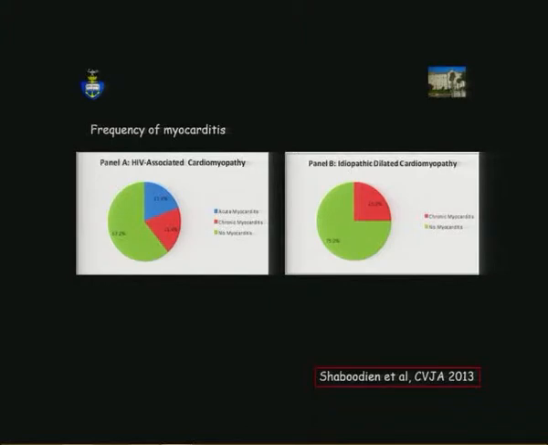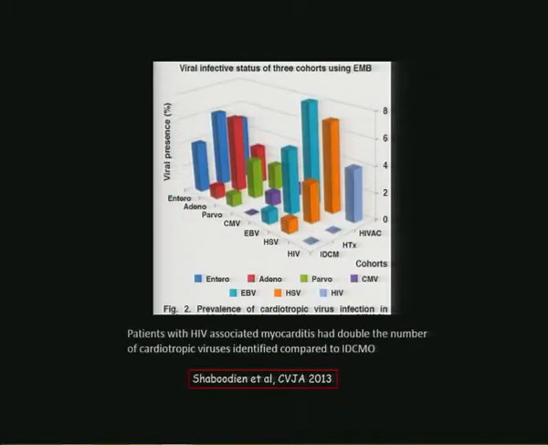myocarditis was much more prevalent, at about 45%, in those with HIV-associated cardiomyopathy compared to those with idiopathic cardiomyopathy, where we found histological evidence of myocarditis in only some 20%. This somewhat complicated cartoon depicts the number of different cardiotropic viruses we found in the different populations of patients that we looked at.